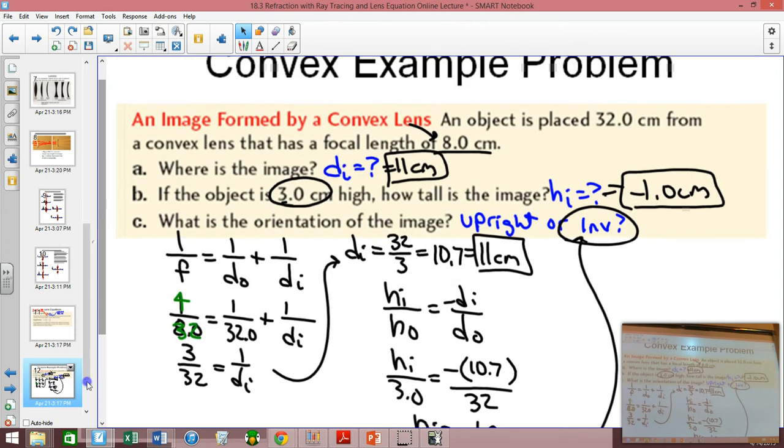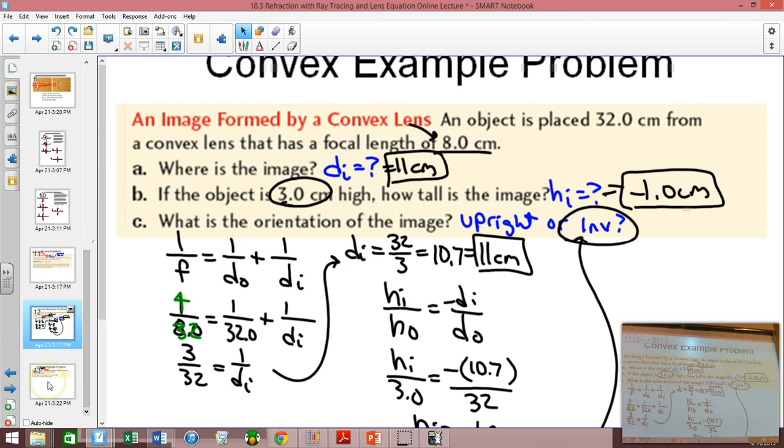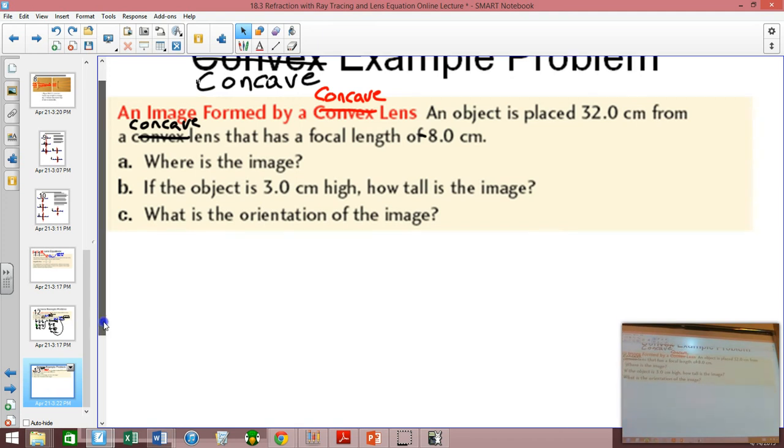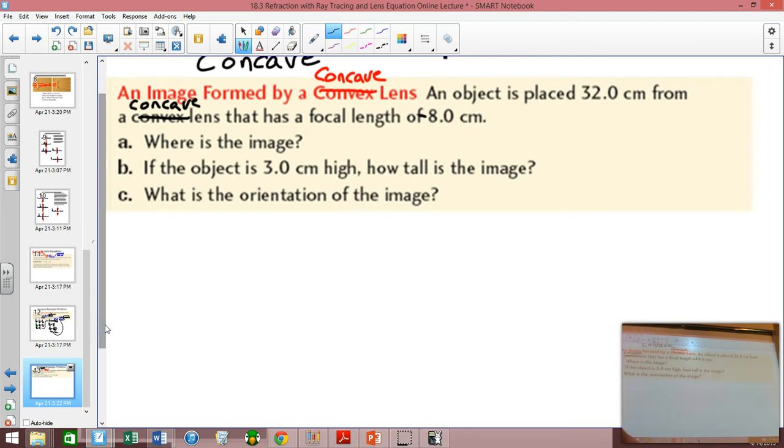The next one. It says an image formed by a convex. Well, I think I want to change it to concave because there wasn't an example here of a concave, just so you can see the difference. This is the exact same question, but we're going to do it with a concave lens. So the only thing that changes is the focal length.